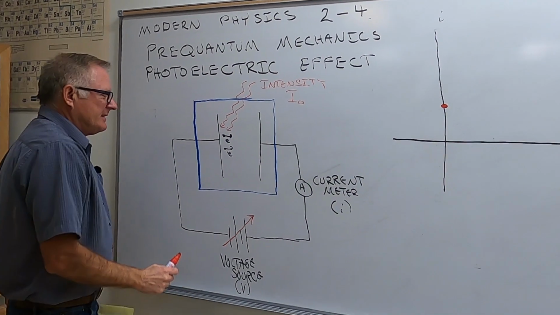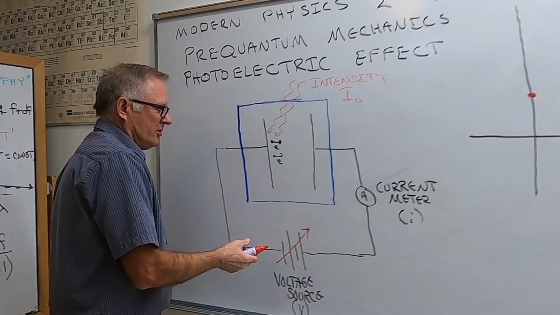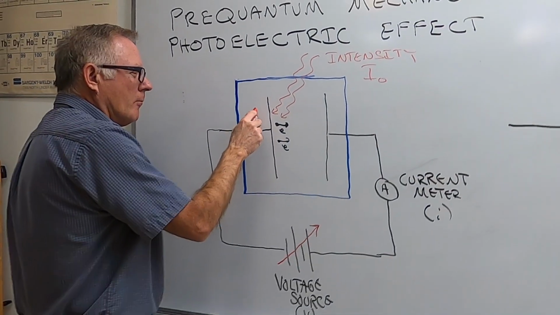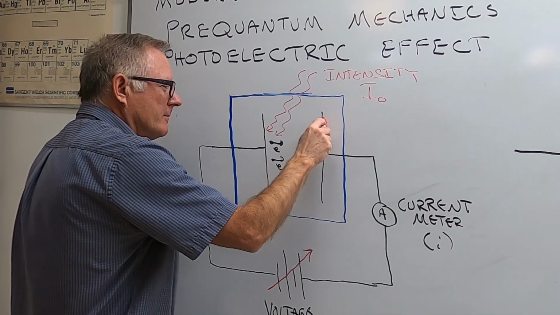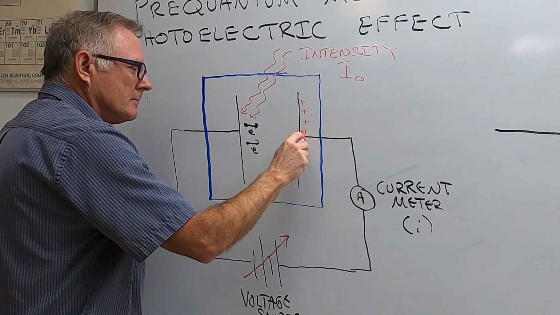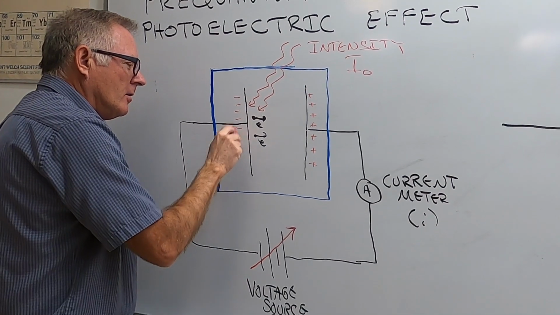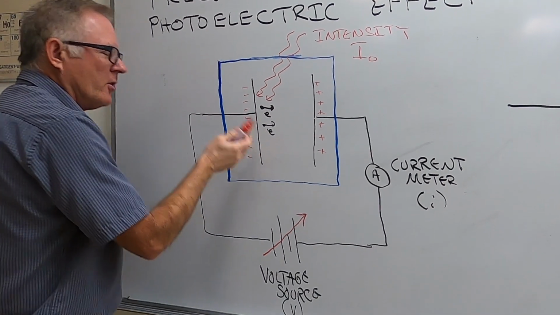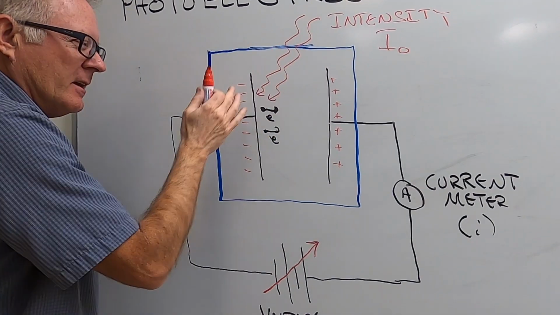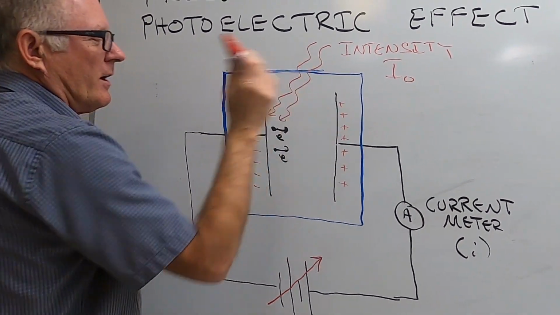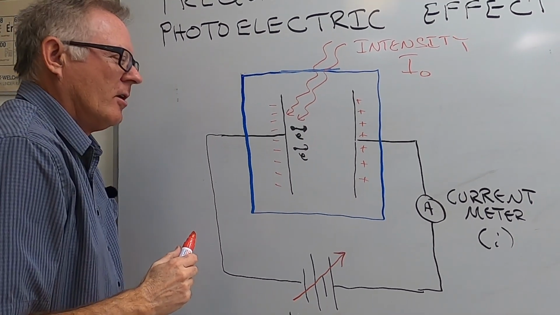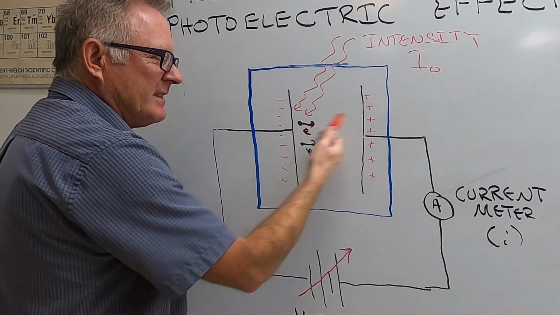So now let's turn up the voltage so that this becomes more positive and this becomes more negative. So now what are we doing? We're pushing them over. Well, do we get any more electrons? No. We've already gotten all the ones that popped off.